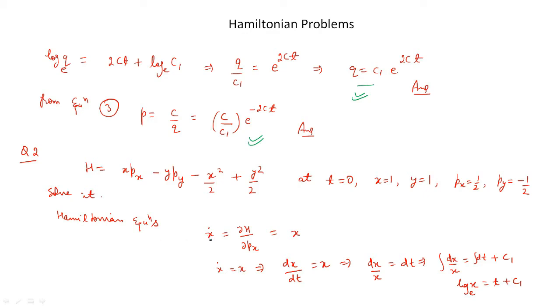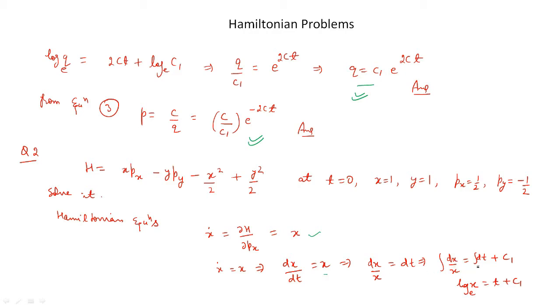So we will write the first Hamiltonian equation, that is x dot will be equal to ∂H/∂px. If we differentiate with respect to px, then we see that it is equal to x. So here x dot can be written as dx/dt, it is equal to x. Now separating the variables, dx/x will be equal to dt.